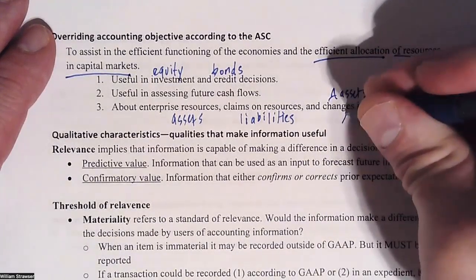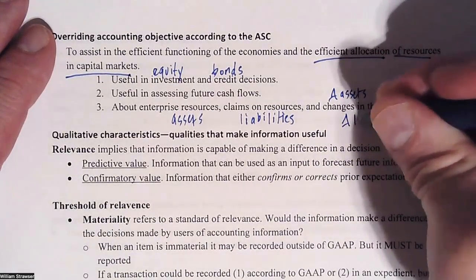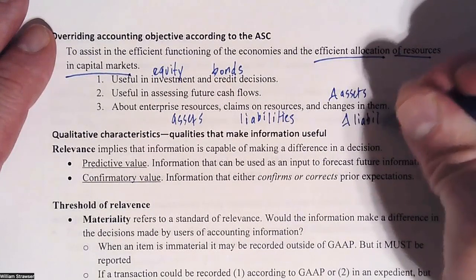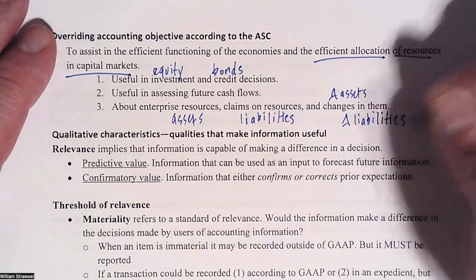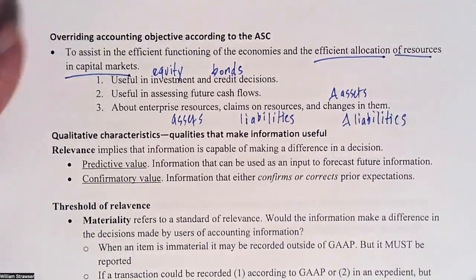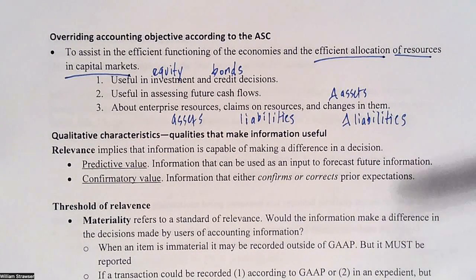So we get this primary charge that we want to provide information that is useful in the efficient allocation of resources. And these are the things that we believe will help that goal.